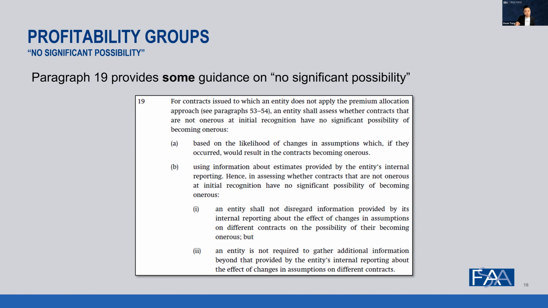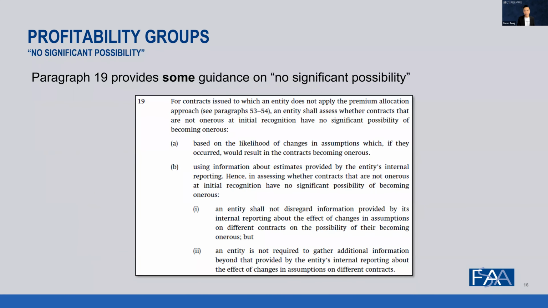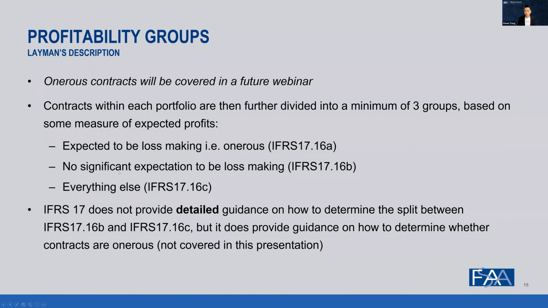And the chance of the loss ratio moving in the adverse direction could be within reasonable expectations. That could be a situation where that contract may not be in this bucket, because there is a real possibility that it could be onerous. So there are things you'll need to sift through to determine whether it falls into the no significant expectation bucket or everything else.